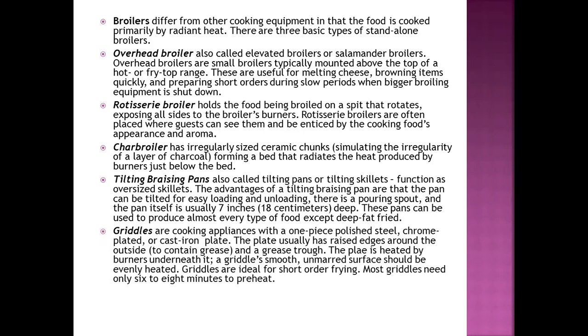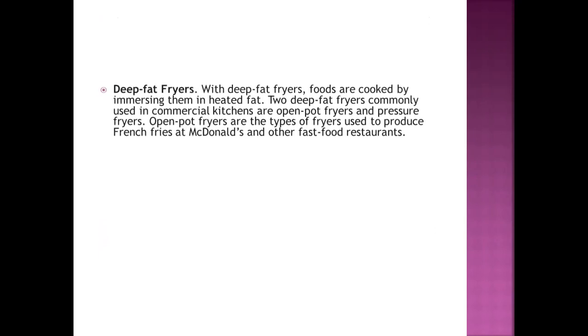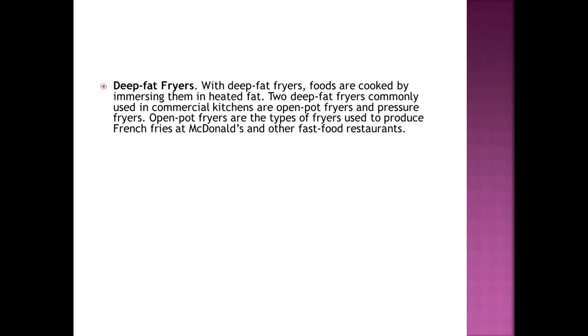And the next one is the griddle. So again, the griddle is polished steel. It could be a polished steel, chrome plated, or cast iron plate, and it is used for short order frying. The next equipment that we could see in a kitchen is the deep fat fryer.